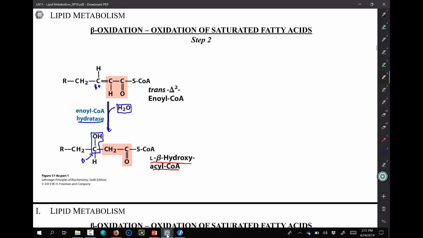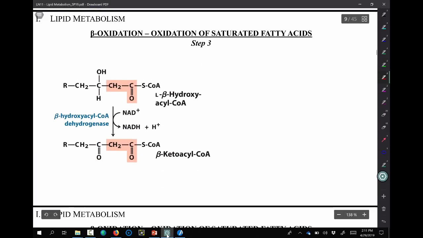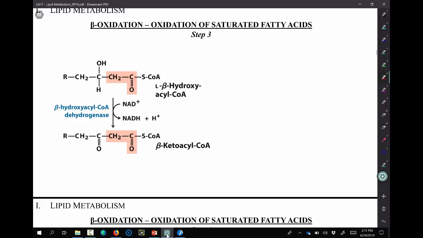Now, that's step 2. The next step is another redox step. And you see here, NAD plus is used. As I mentioned when I was talking about FAD, FAD is alkane to alkene transitions, NAD plus is alcohol to ketone transitions, and that's what we see here. NAD plus accepts the electrons, and we now have on our beta carbon a ketone.